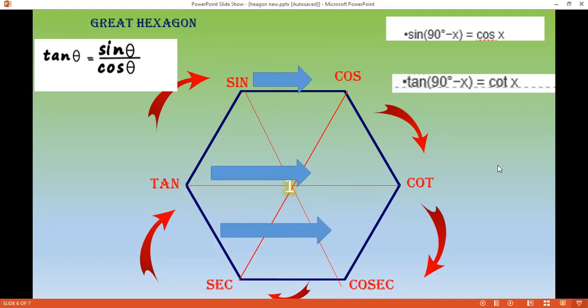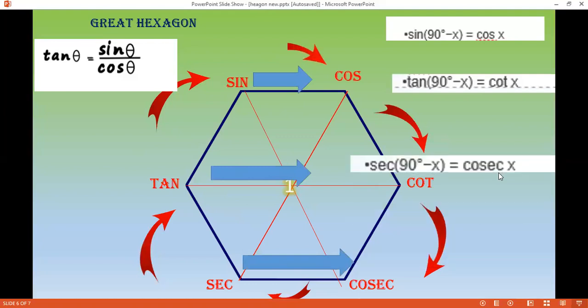Similarly, secant of 90 minus x is equal to cosecant x. So these are called co-function identities. Why? Because you are getting sine of 90 minus x, the co-ratio cos x, and for tan, cot x.